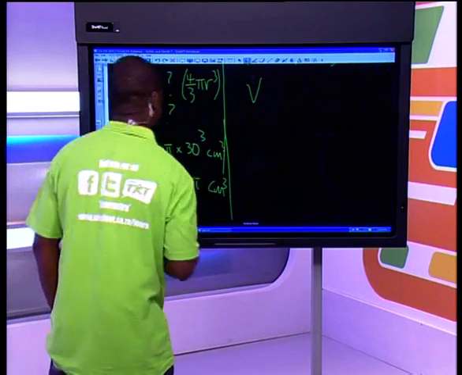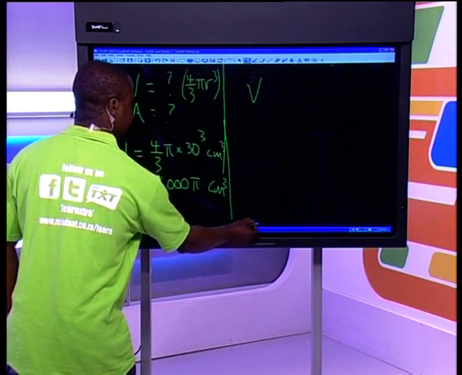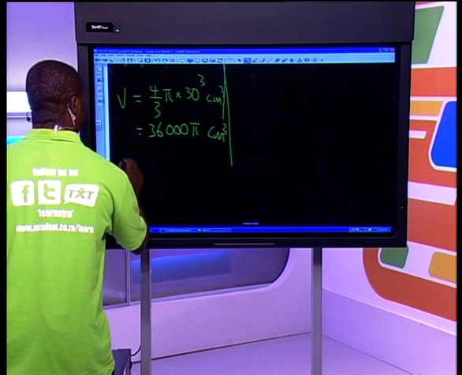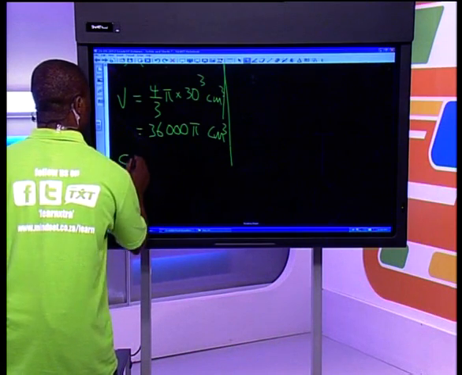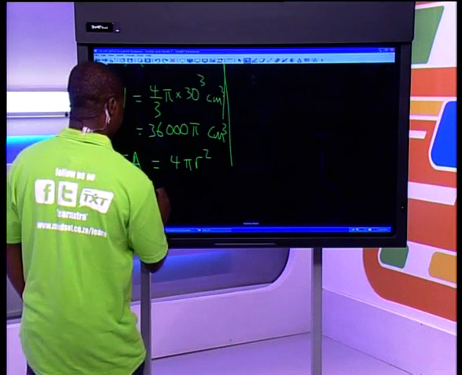So if you wanted the surface area then, the surface area for a sphere, we said it's given by 4 pi r squared. There again, you know r. R is the only thing that you need to know there. Then you can determine the surface area.